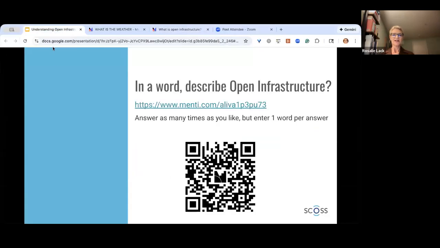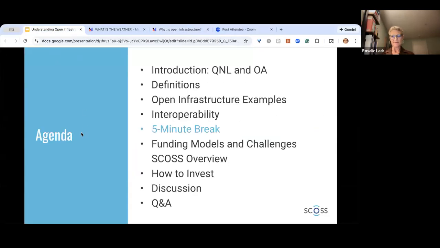So this is our agenda for today. We're going to have an introduction to the Qatar National Library by Al Walid, talking about their open access. And then I'm going to be talking about definitions and examples. Then I am going to give you a 5-minute break so that you have a little chance to get coffee or tea or stretch.